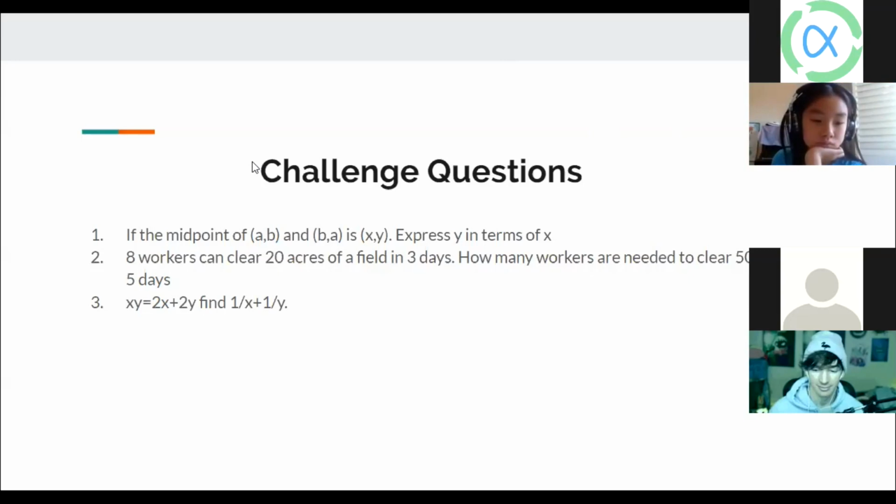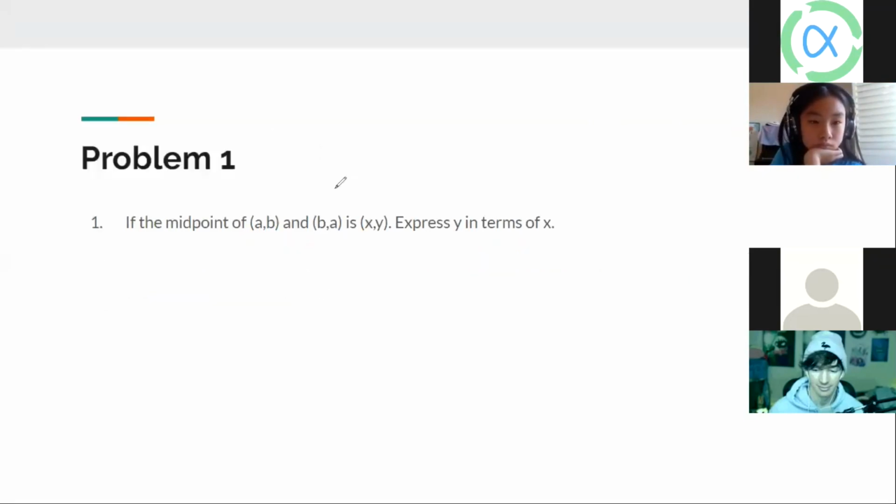Okay, let's begin. Our first question says, if the midpoint of (a, b) and (b, a), the line going through (a, b) and (b, a), is (x, y), express y in terms of x.